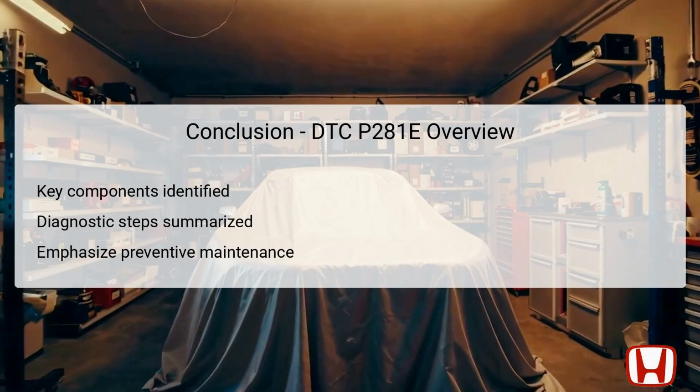The troubleshooting steps provide a systematic approach to diagnosing and rectifying the issue, ensuring that each phase assesses the solenoid and its connections effectively. Furthermore, the importance of preventive maintenance cannot be overstated. Regular diagnostics, monitoring electrical integrity, and timely fluid changes significantly reduce the risk of future transmission faults. Proper understanding and consistent attention to these components will not only enhance vehicle performance, but also contribute to its longevity.